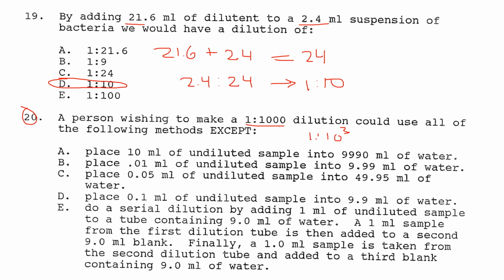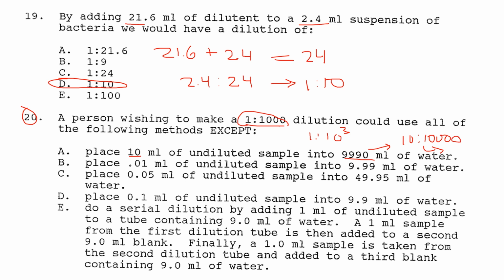And you basically have to figure out which of these dilutions would not give you a 1 to 1,000 dilution, right? So easy, right? Just add the amount of sample to the amount of diluent. So 10 plus 9,990 mils of water will give you 10 to 10,000.